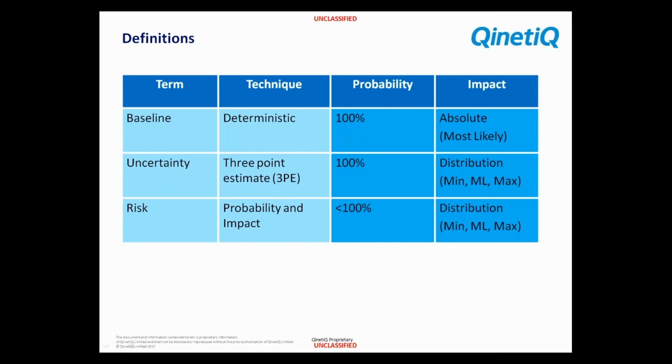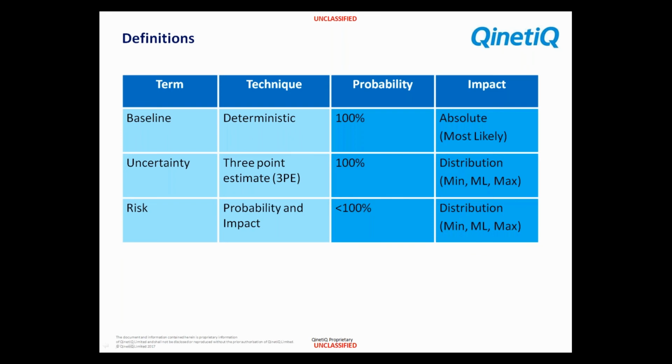Now that's fundamentally different to a risk. In terms of probability and impact, a risk is a deviation from that baseline plan. So when I leave work, I don't intend to go on the freeway or the motorway to get home. I intend to go by the most direct route.